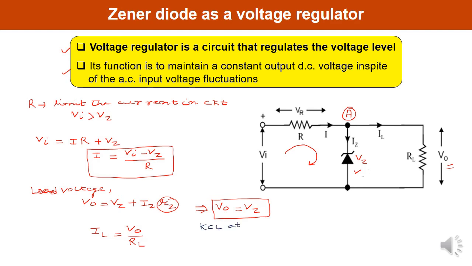KCL at point A. So here you can write I is nothing but Iz plus IL. Or you can write from here Iz is what? I minus IL. So this is how you can explain it further.